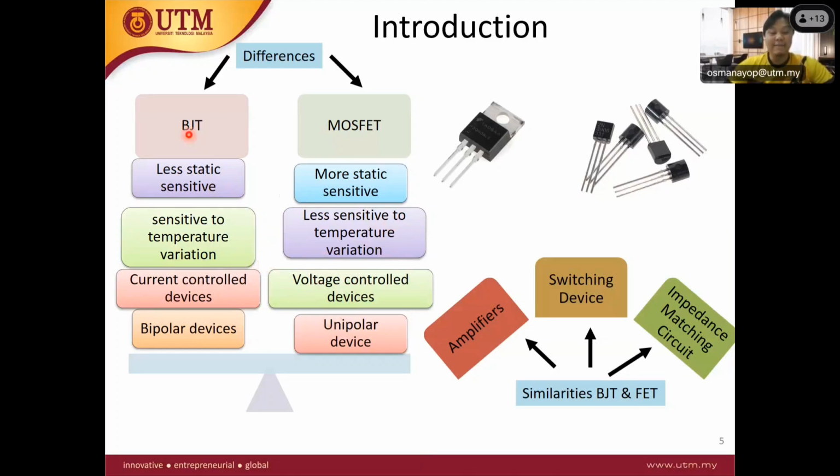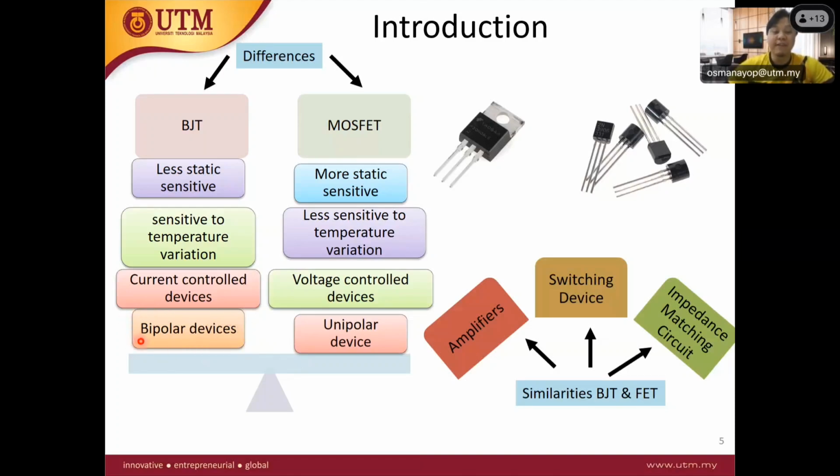BJT is a bipolar device, while MOSFET is unipolar. The meaning of bipolar and unipolar here is that for the BJT, the current produced is contributed by both major carriers of the material, electrons as well as holes.